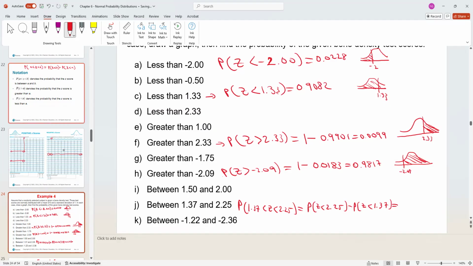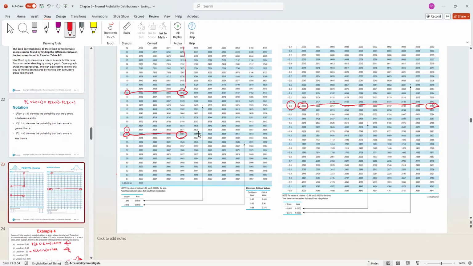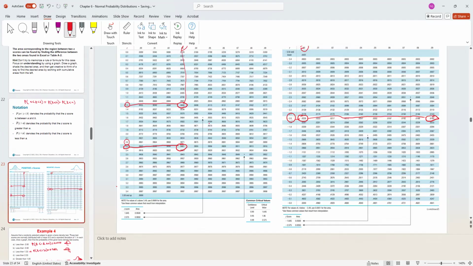What do you find in the table for positive 2.25? 2.2, let's go. 2.25 is right there, remember 5 is here. So 2.25 is 0.9878.